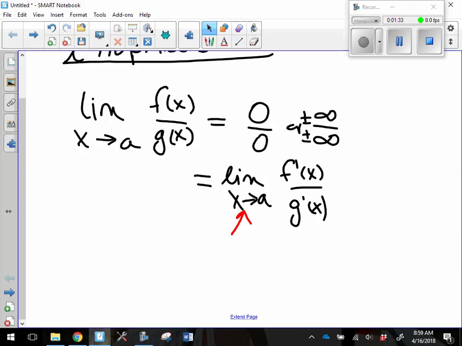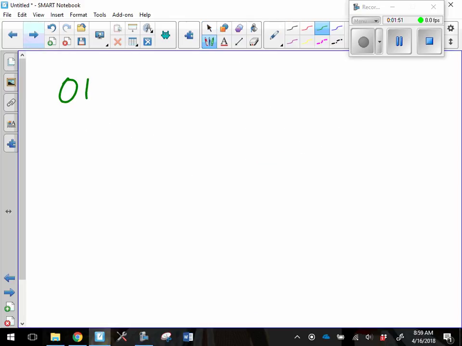So the thing you have to remember, though, is that if you don't have something divided by something else and it's not equal to 0 over 0 or infinity over infinity, then you're going to need to manipulate. So there are some other indeterminate forms.